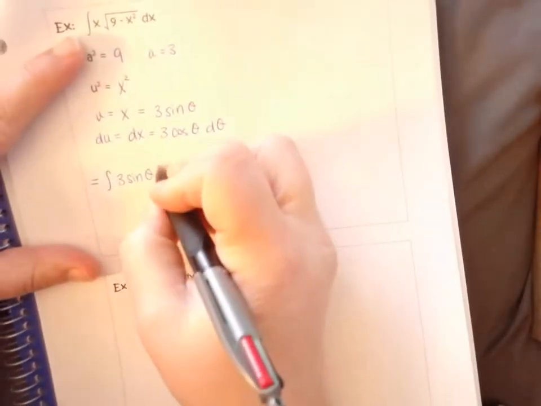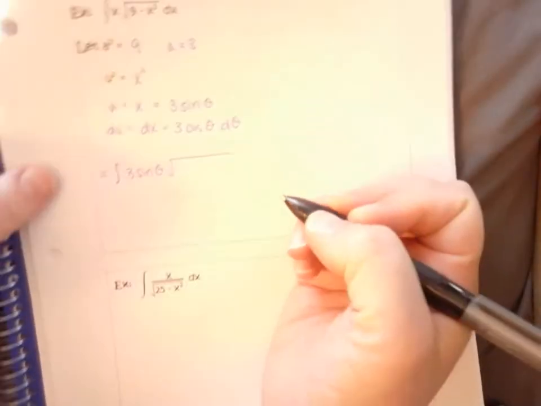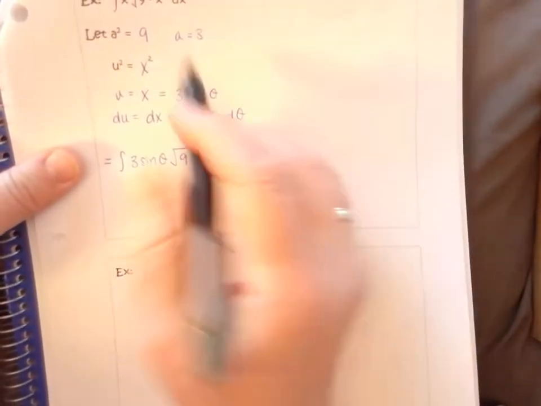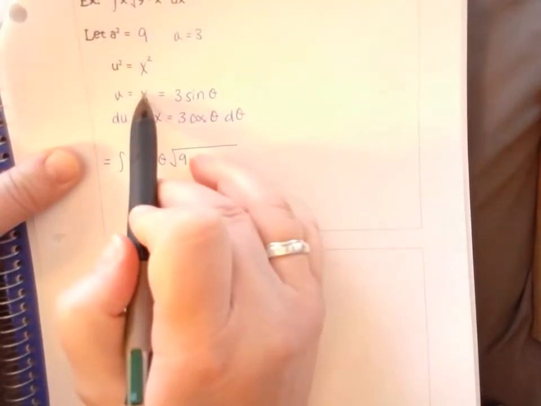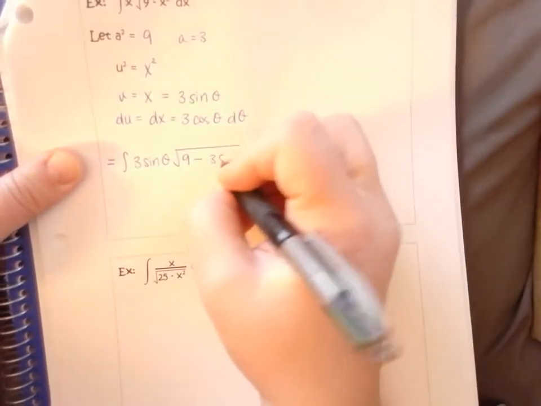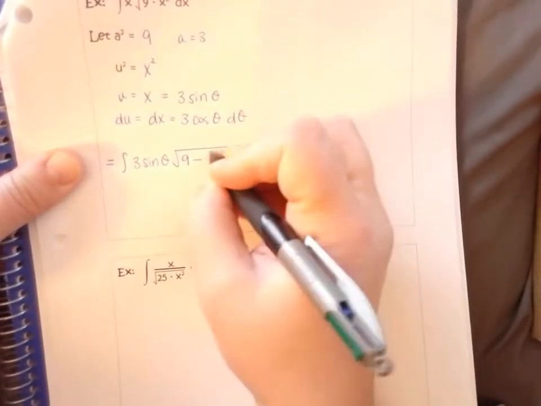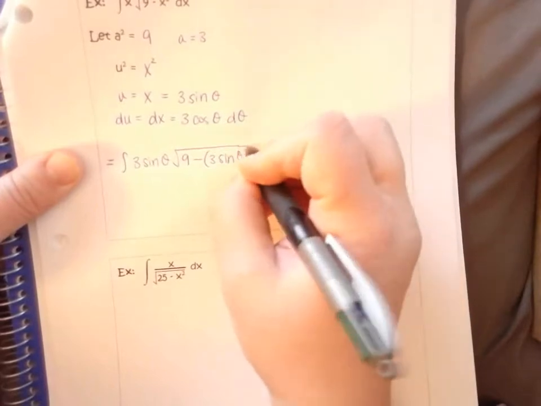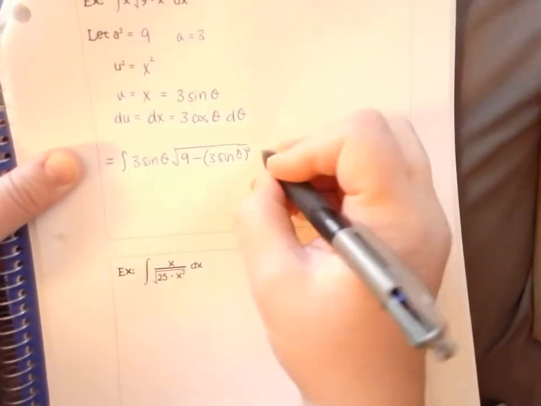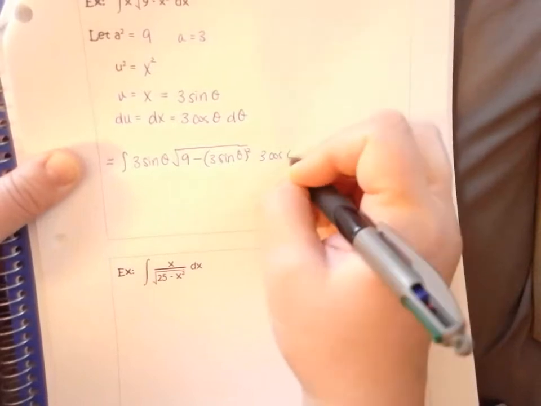And I'm going to plug in direct substitutions here. For example, I'm going to leave 9 alone, and I'm going to replace x squared with 3 sine theta squared. dx gets replaced with 3 cosine theta d theta.